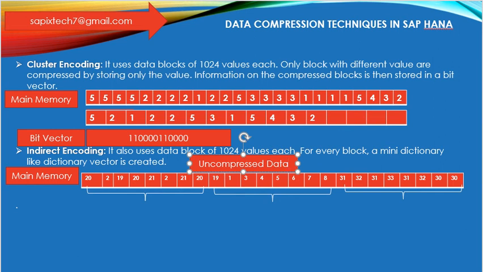It's one column of a table, and that column stores data into main memory using some encoding process. Based on the nature of the data, it uses an encoding process. It might be direct encoding, sorry, indirect encoding, cluster encoding, sparse encoding, prefix encoding, or run length encoding. It can be any kind of encoding, but each encoding works differently and converts data in a different way. So I am discussing this.